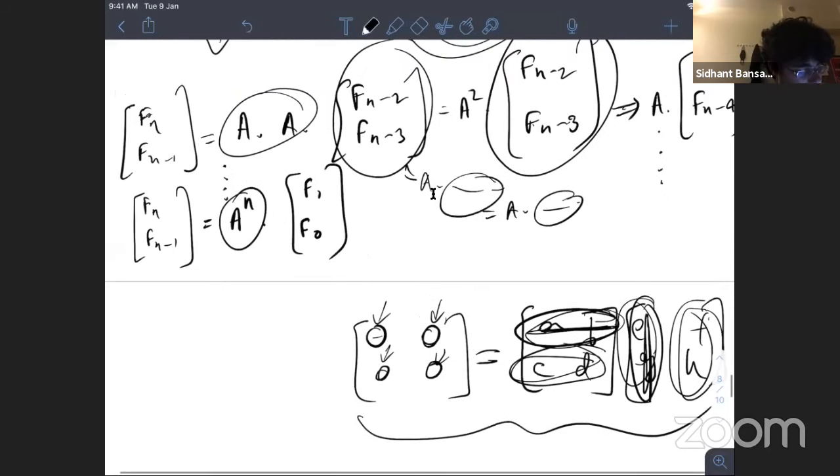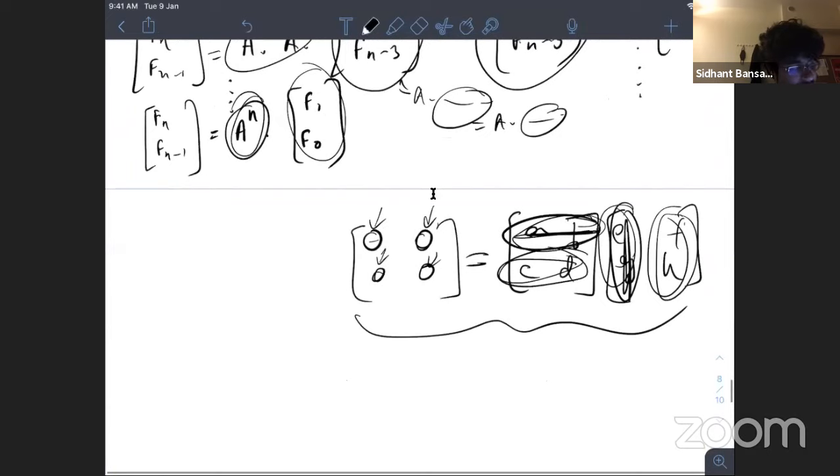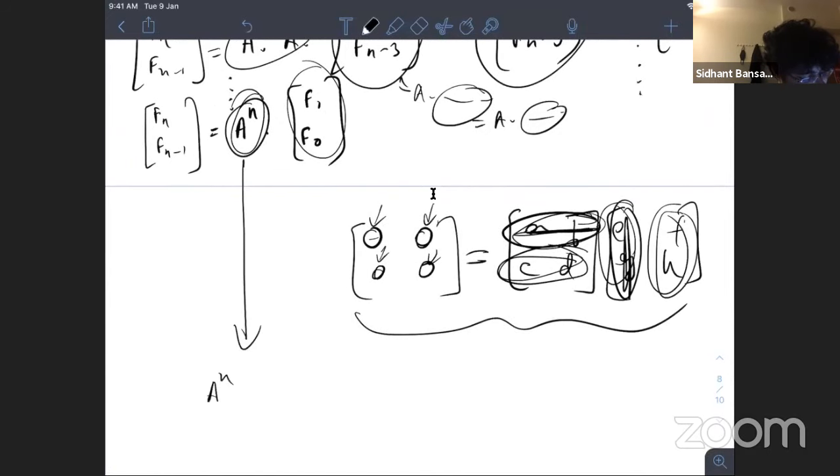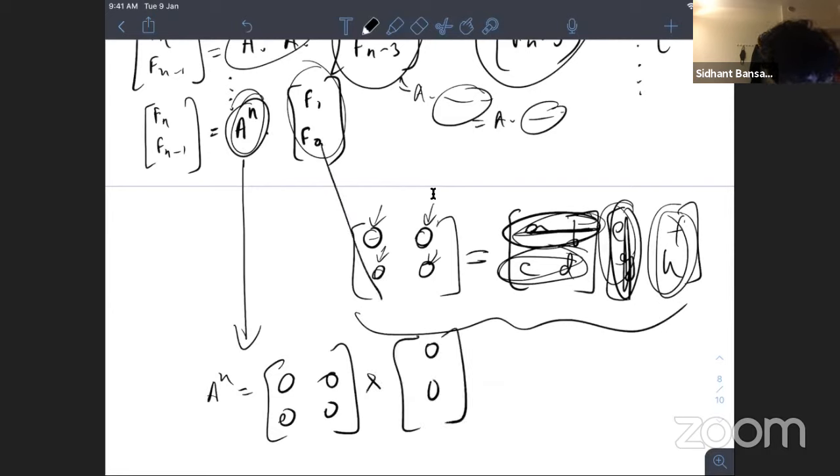So you have A to the n here, and you have this vector. Now the question is, once you can calculate A to the n, which is basically some 4 values, then multiplying it with this vector is pretty simple.